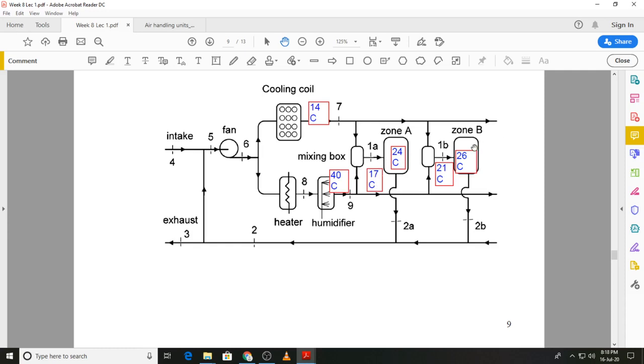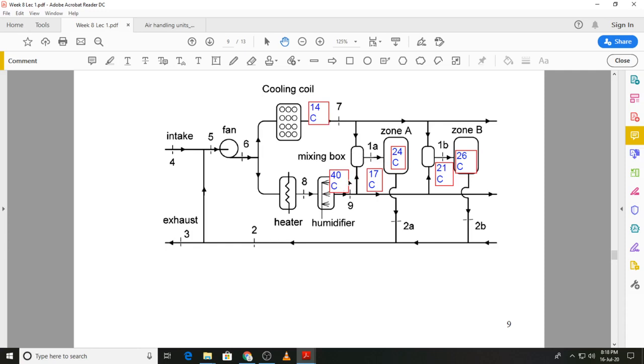The same applies to zone B. For example, again, if the load in zone A increases, it means this temperature will start to increase, and we will have to reduce the temperature to zone A, and that can be done by reducing the amount of warm air and increasing the amount of cold air, such that the volume flow rate into the zone does not change, but the proportions of cold and hot air can be varied.